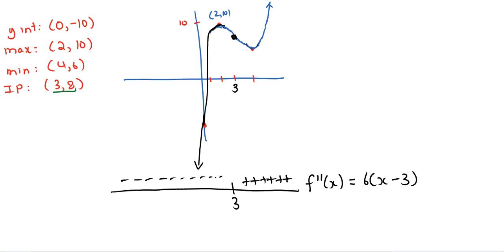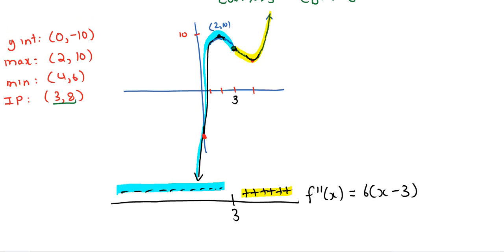I'm just doing this to make sure that my answer is correct. So I'm concave up when x is greater than 3, so here's 3, and everything above 3 does represent a concave up type of picture. And if I look at my concave down situation, this looks to be concave down, so I can feel pretty good that this is indeed a very accurate sketch of my polynomial, and that would be full points there.